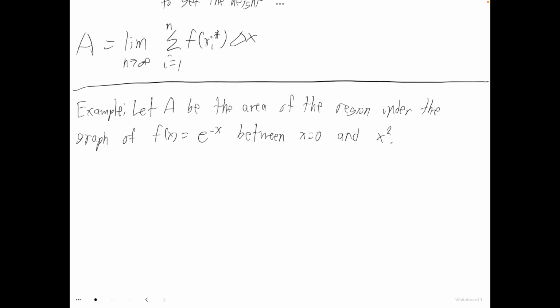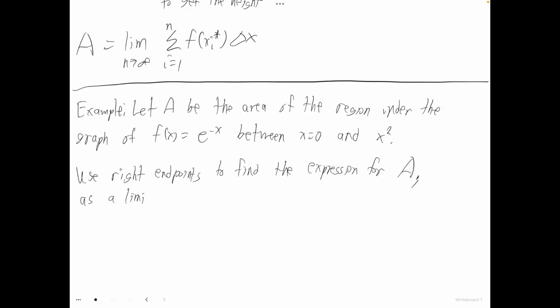And what we want to do is use right endpoints to find the expression for A as a limit. So we want to figure out this area as a limit.